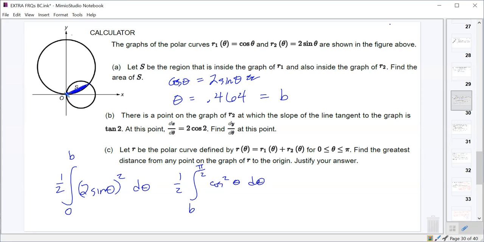At a theta value of 0, our cosine graph is over here, but we know that they still intersect here at the pole, which is a theta value of 0 for sine, but a theta value of pi over 2 for cosine. So the smaller piece comes specifically from the sine, and the larger piece comes specifically from the cosine. Does that make sense to everybody? And you'll just add those two integrals together.